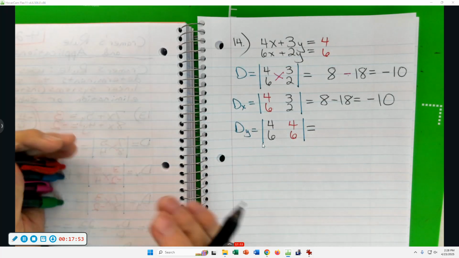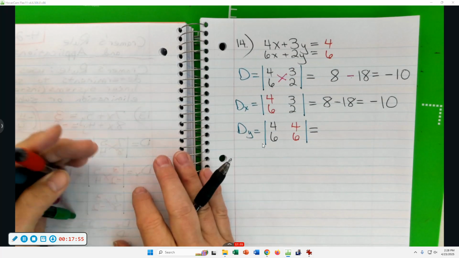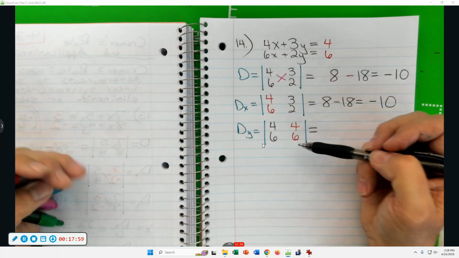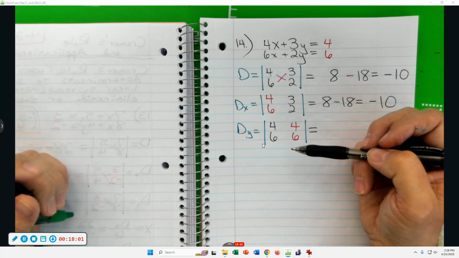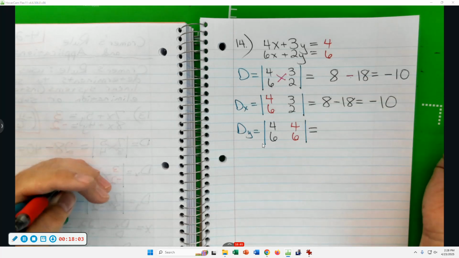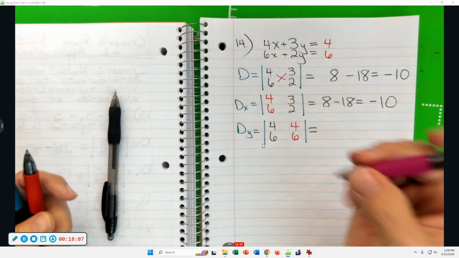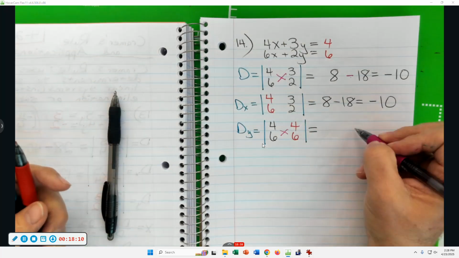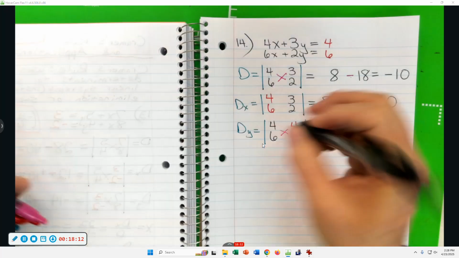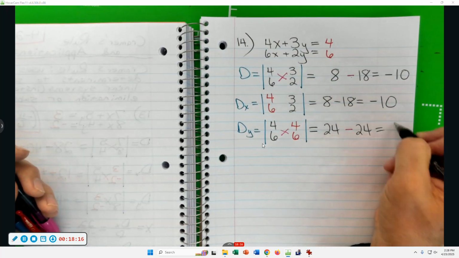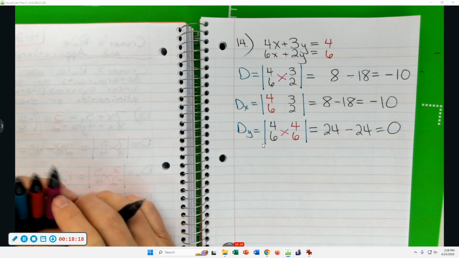If you have identical columns or identical rows, the determinant is always going to reduce to 0. And that's what we're seeing right here. Multiply minus multiply, 24 minus 24. Wow, this is pretty nice. Gives me a dy value of 0.